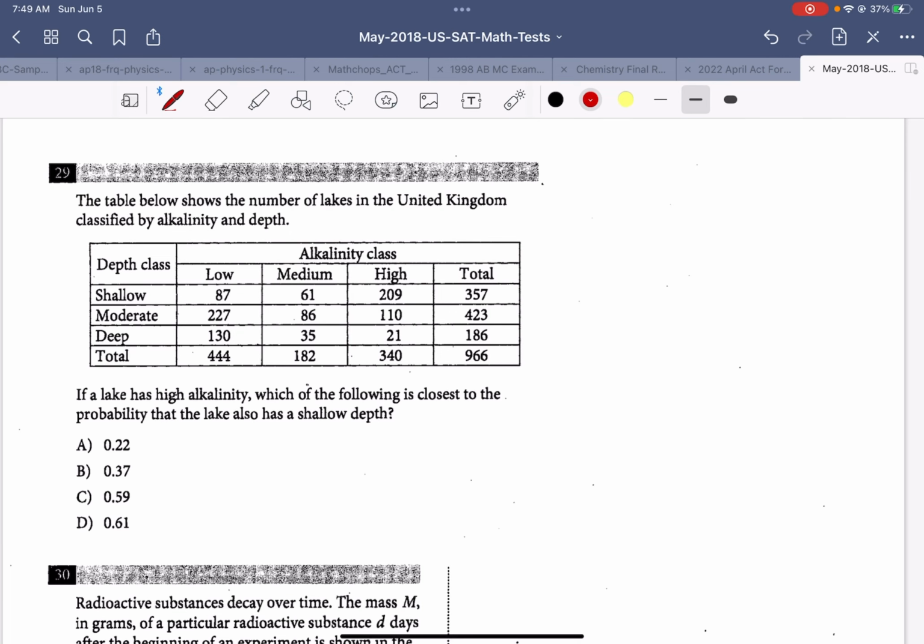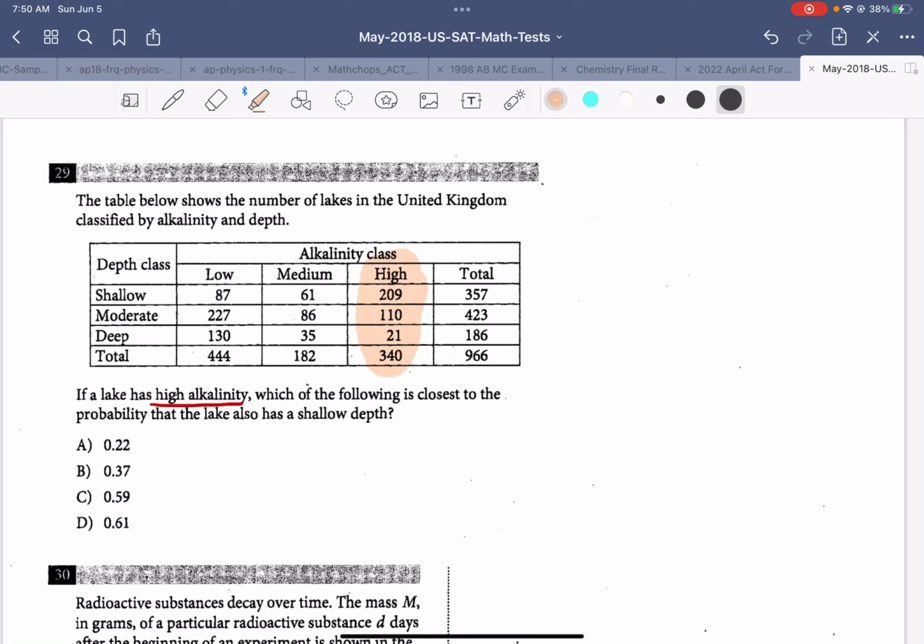The table below shows the number of lakes in the United Kingdom classified by alkalinity and depth. If a lake has a high alkalinity, which of the following is closest to the probability that the lake also has a shallow depth? So it said high alkalinity. If you look at the classification, high is basically here.